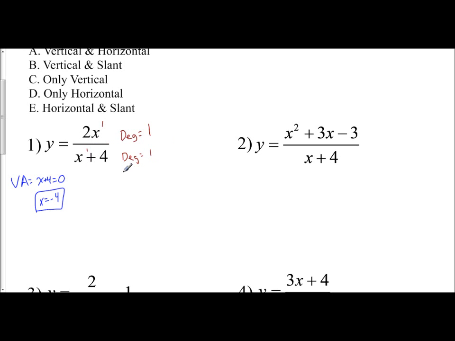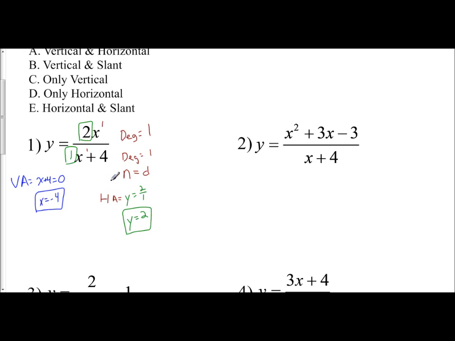So that means the degree in the numerator is equal to the degree in the denominator. So therefore I have a horizontal asymptote, and that horizontal asymptote is going to be the ratio of your leading coefficients. So I have a 2, and this is a 1. So y equals 2 over 1, y equals 2.